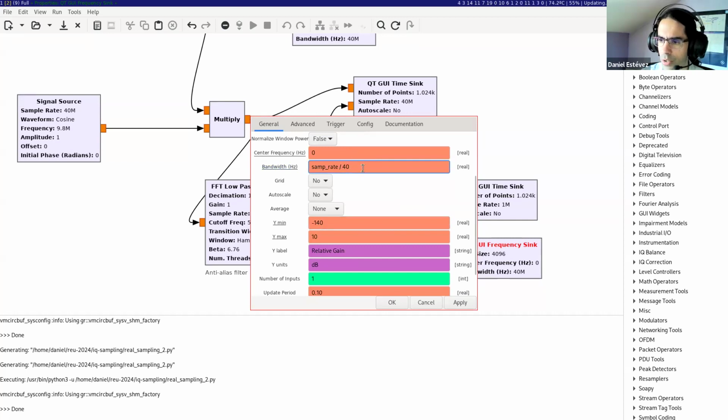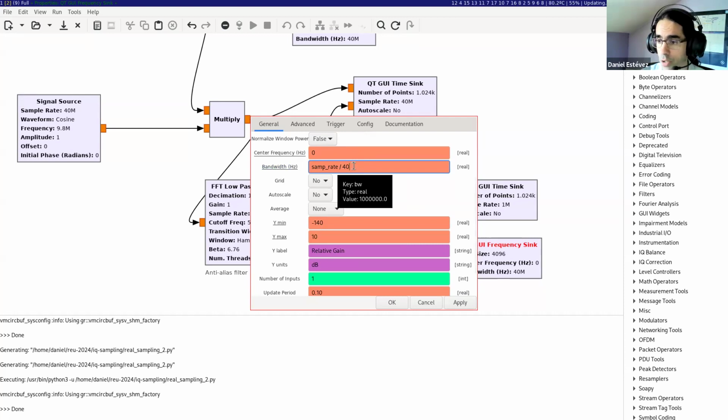Something convenient to mention at this point is that many blocks in GNU Radio require the sample rate. And if we do sample rate changes by decimation or interpolation, interpolation is the opposite of decimation. It's inserting more samples between the samples we have. So by doing so, the sample rate increases.